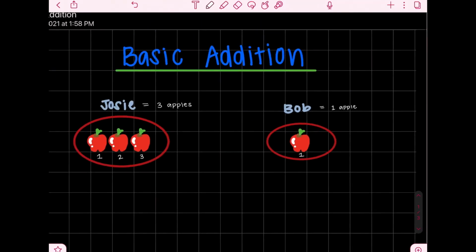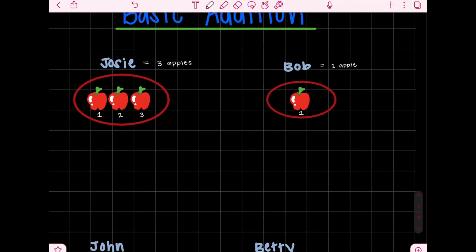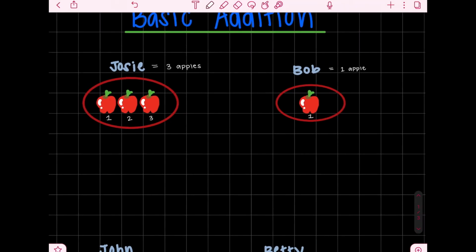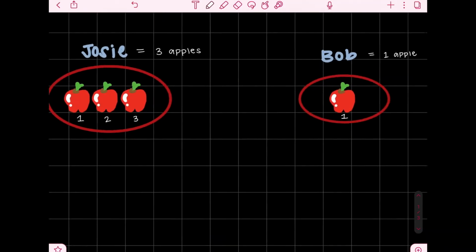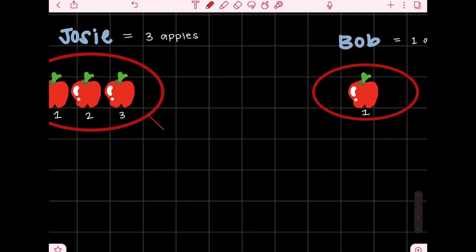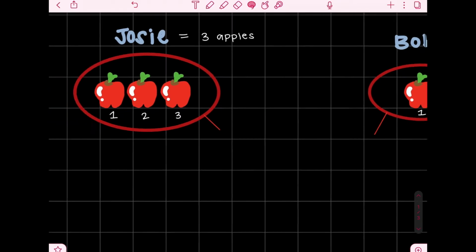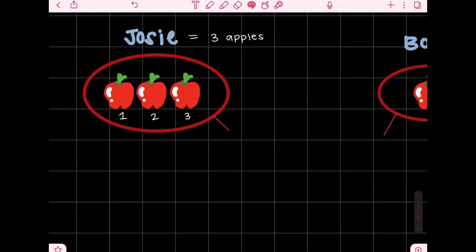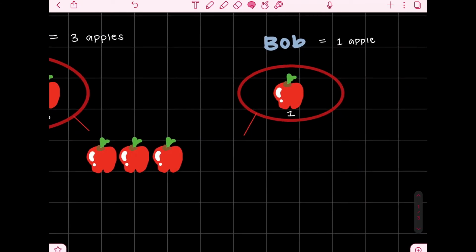Now, in order to find out how many apples they have together, we need to combine the amount of apples they have in total. So we're going to draw a simple little diagram here. I'm going to bring Josie's apples and I'm going to bring Bob's apple.